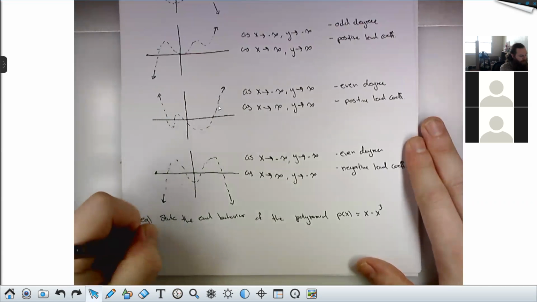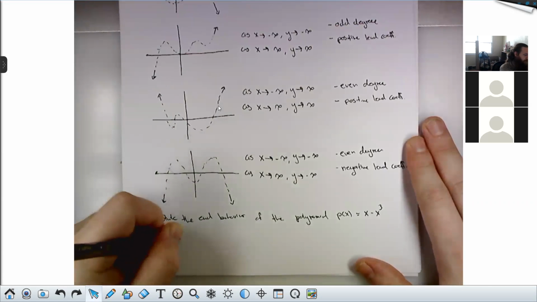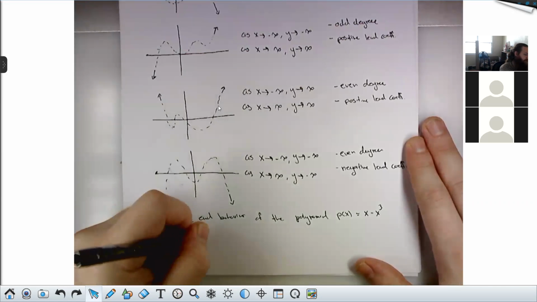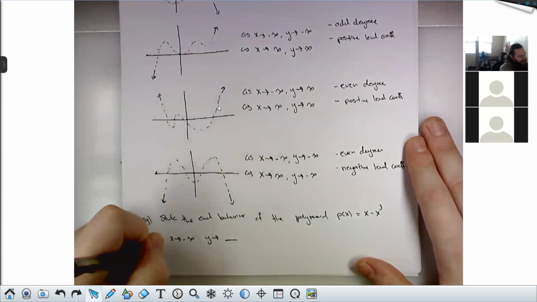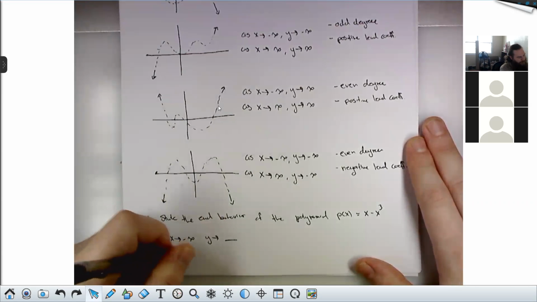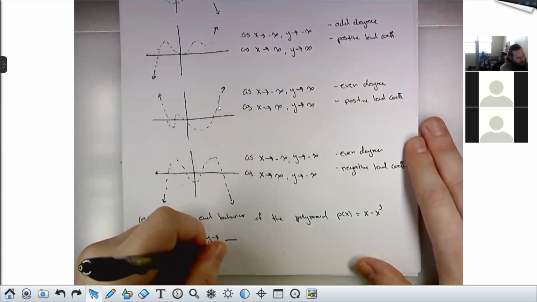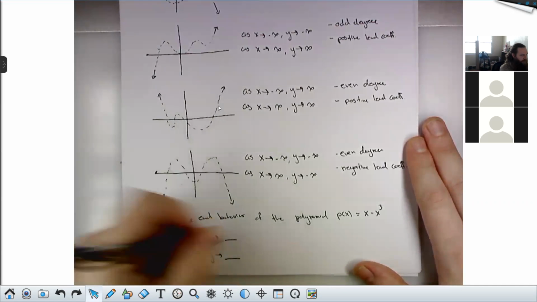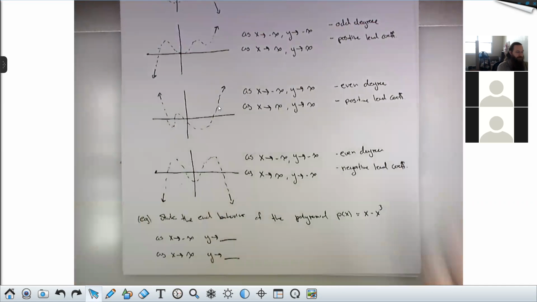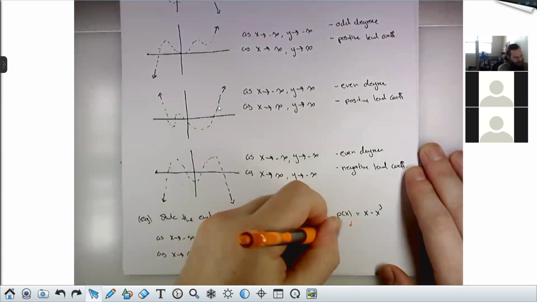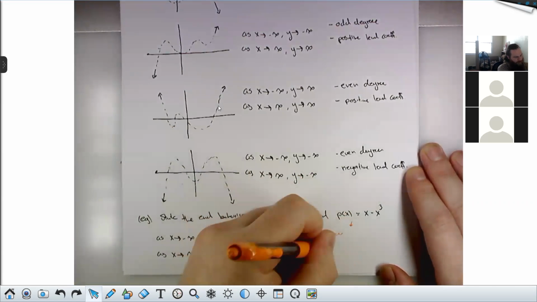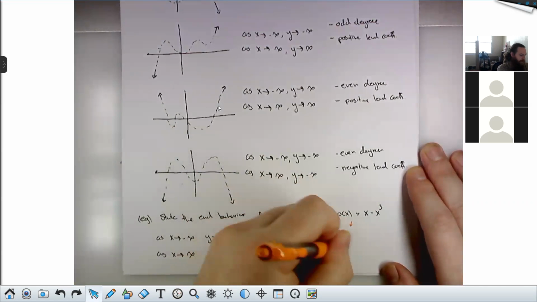And we know the answer here is going to say as x goes to negative infinity, y goes to something, and as x goes to positive infinity, y goes to something. So what's going on here? What's the degree? And what's the lead coefficient?